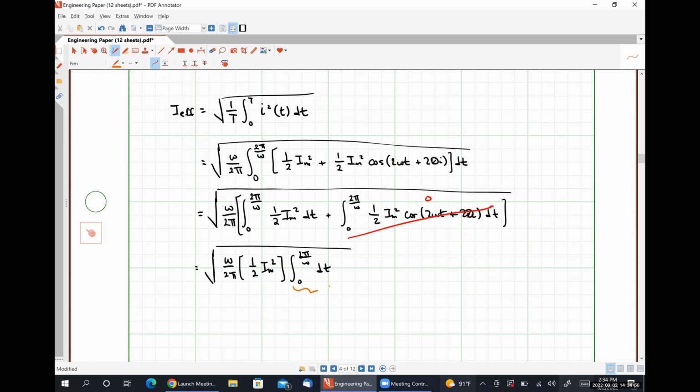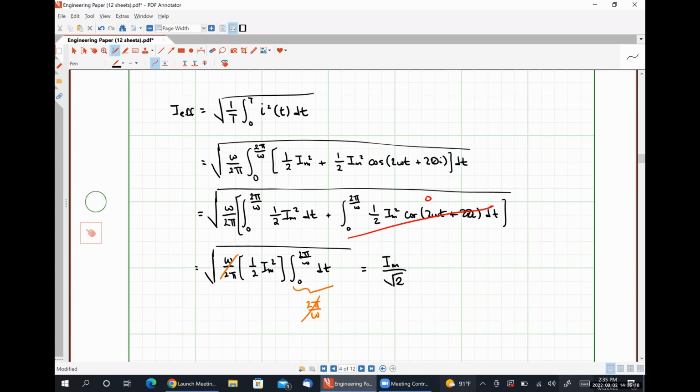This bit right here just looks like 2 pi over omega minus 0 when we do the integration, which winds up canceling out that part there. And so we wind up getting Im over the square root of 2.